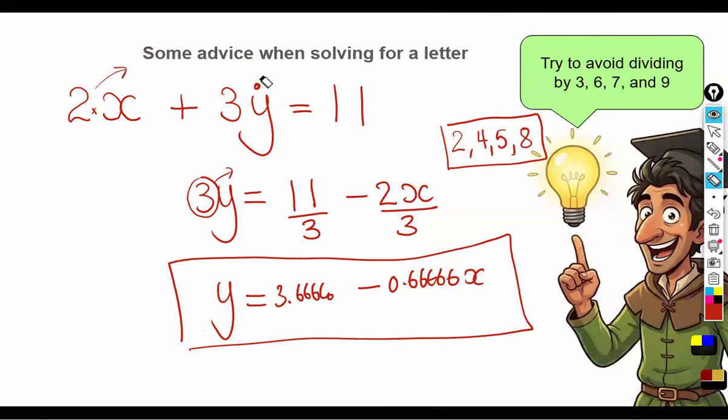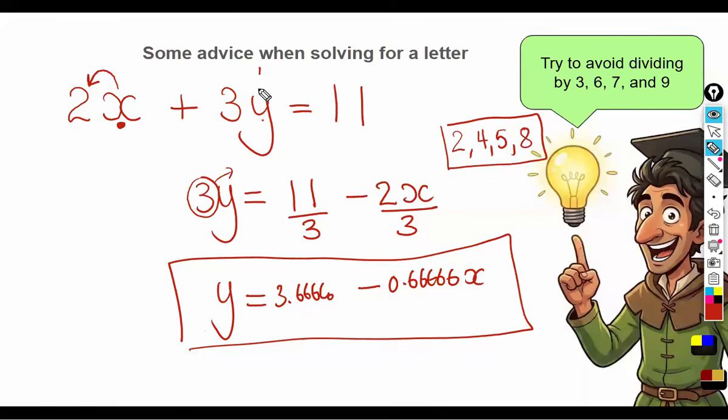So whenever I am given a choice of making something the subject, like X or Y, I will choose X in this case. Why? Because X has one of the good numbers touching it. 2, 4, 5, and 8 are good numbers.